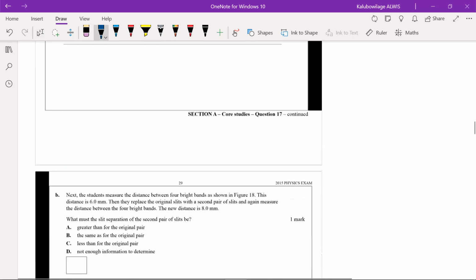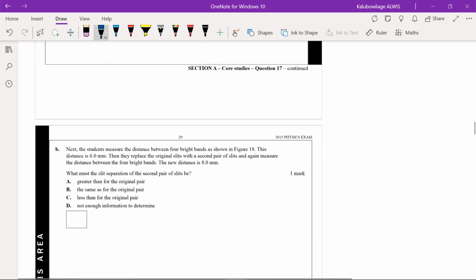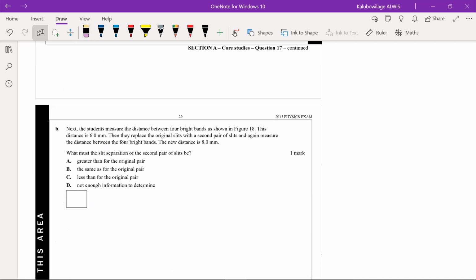Fringe separation. So they're changing the distance.